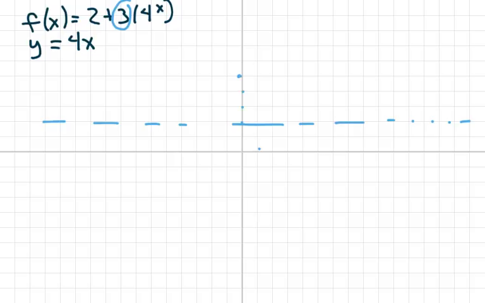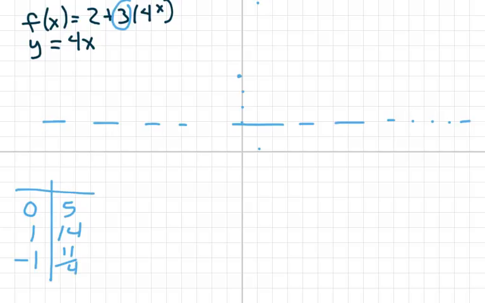1 is going to go to 14, which is way up in here. And negative 1 is going to go to, I'll just do a table down here. So 0 goes to 5, 1 goes to 14, and negative 1 goes to 11 over 4. And you're going to graph it. Go to 0, 5, and it's going to be like that, because it's a stretch. Okay, so the domain is all real numbers.